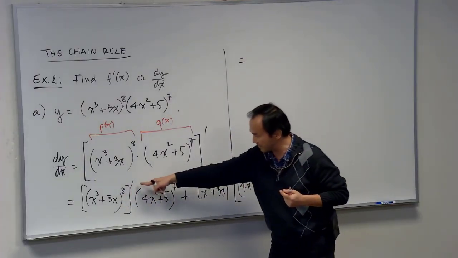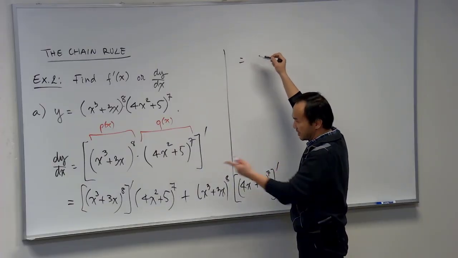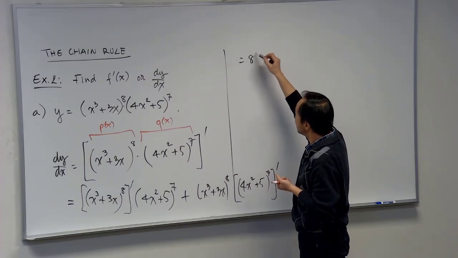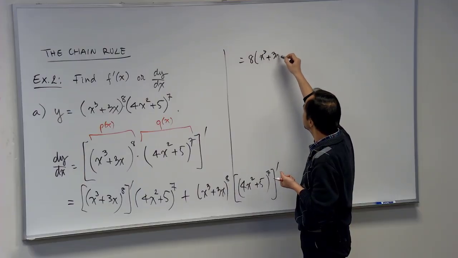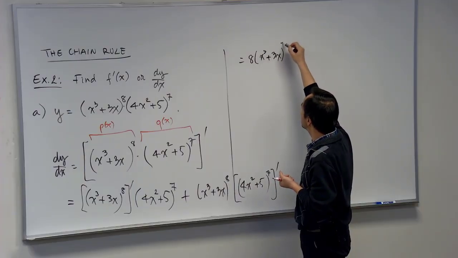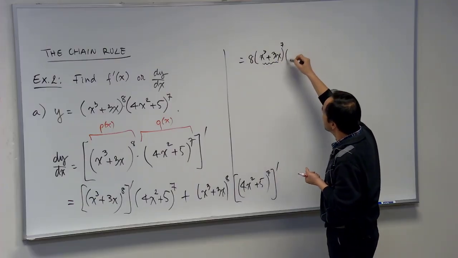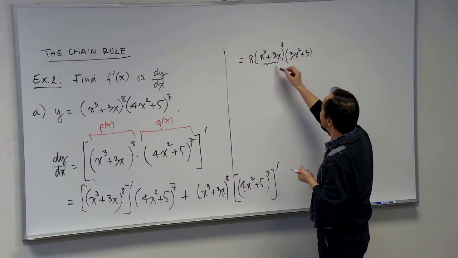So for this derivative right here, it's going to give me, we bring the 8 down, similar to example 1 from our previous lecture. We got 8 times x cubed plus 3x, now we reduce the power by 1, making it power 7. But don't forget, this is now the inside, so I'm going to multiply with 3x squared plus 3, being the derivative of that.